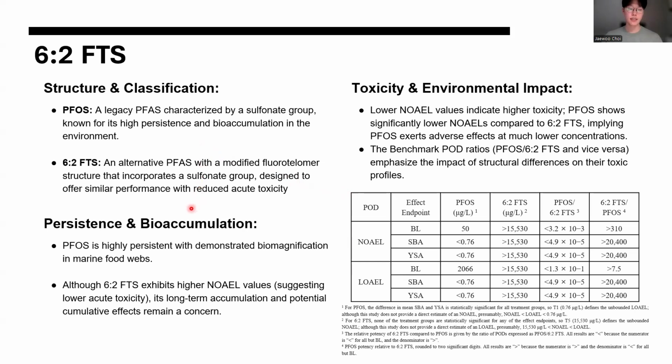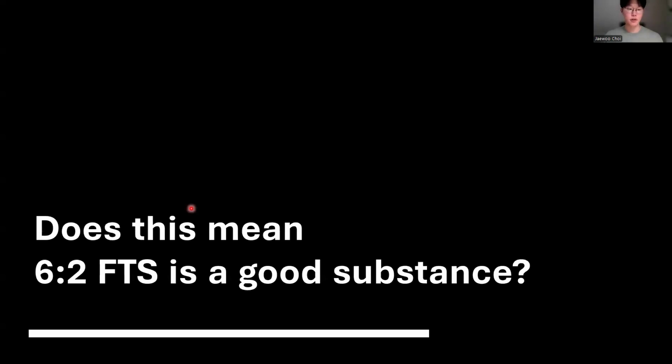Although 6:2 FTS appears less acutely toxic, its long-term accumulation and potential endocrine effects raise concerns. However, does this really mean that 6:2 FTS is better than PFOS? To answer this, we need to explore its chronic effects.